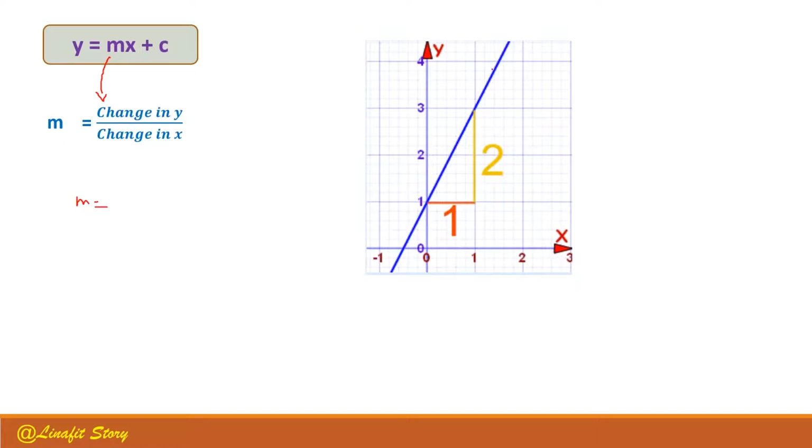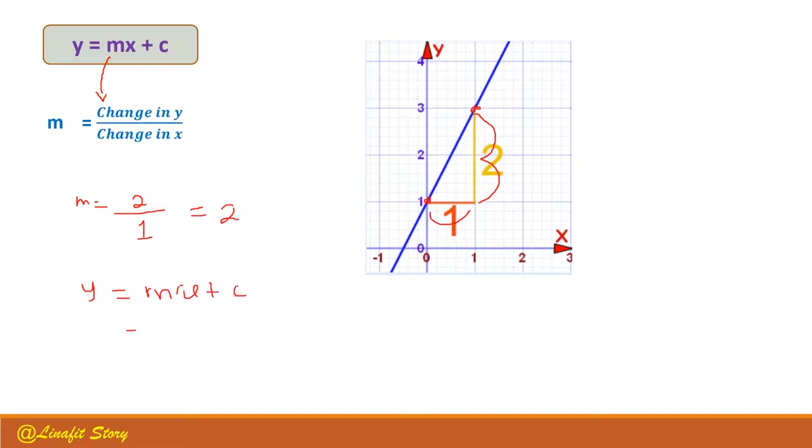You may take two coordinates here. So for example, this one and here. So change in y, or how far up? 1, 2, so 2, out of change in x, or how far along? 1. 2 out of 1 is 2. y = mx + c.